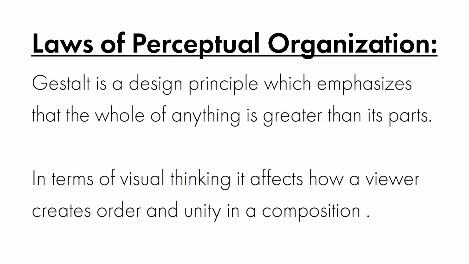To summarize, the laws of perceptual organization are based on the Gestalt principle. Gestalt is a design principle which emphasizes that the whole of anything is greater than its parts. In terms of visual thinking or design thinking, it affects how a viewer creates order and unity in a composition.